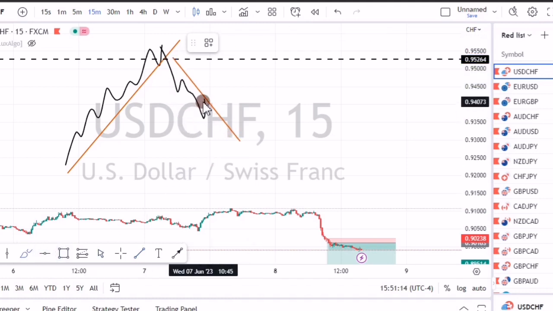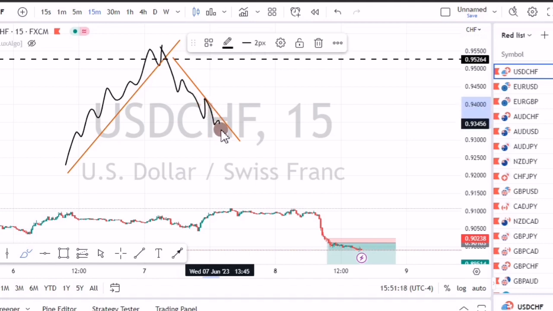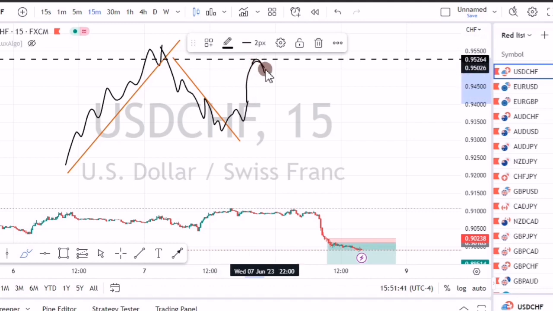Now what you need to know, guys, is that whenever price breaks out of this channel and starts moving upwards, most of the time it is coming to test this area where price broke out. Okay, this same level where price broke out. So if you see price shooting up, know that price is coming to this region.